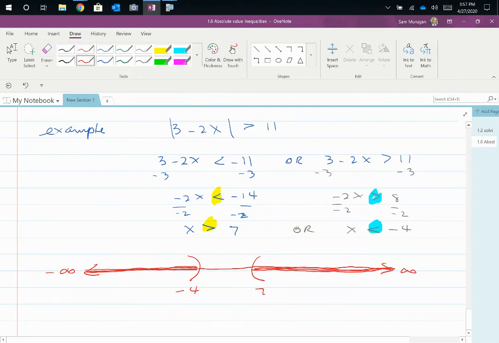So remember, when you write the solution for this, to start from left to right, from negative infinity to negative 4. This time we're using parentheses on both, and then from 7 to positive infinity, forming that union.